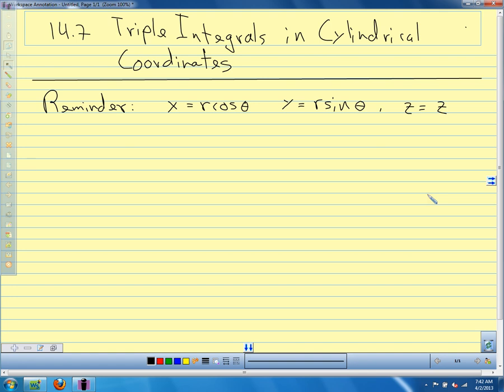When we talked about double integrals in polar coordinates, we approximated the area of a polar rectangle in the xy plane, or in the r theta plane.